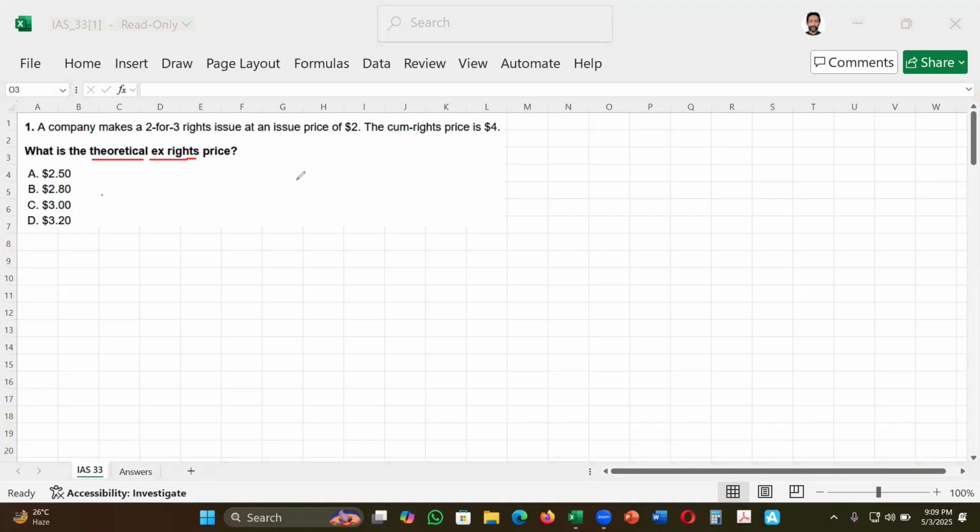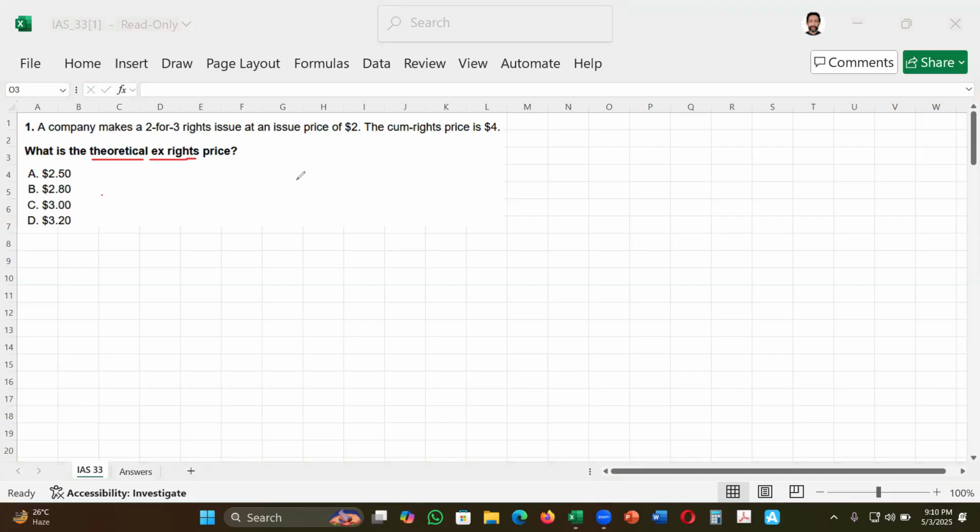What does that mean? You see that when a company issues the rights shares, before the rights issue is made, there is a fewer number of shares. But after the new issue, the rights issue of shares, the number of shares increases. So the share price falls after the rights issue.